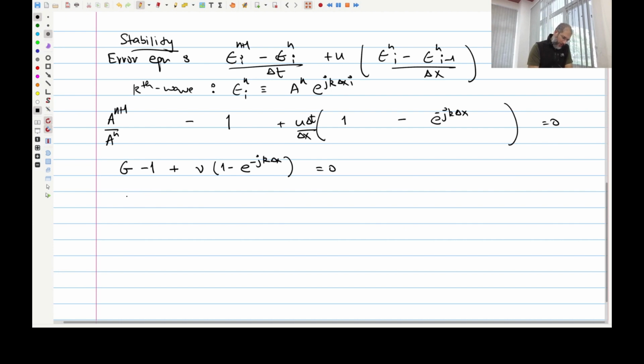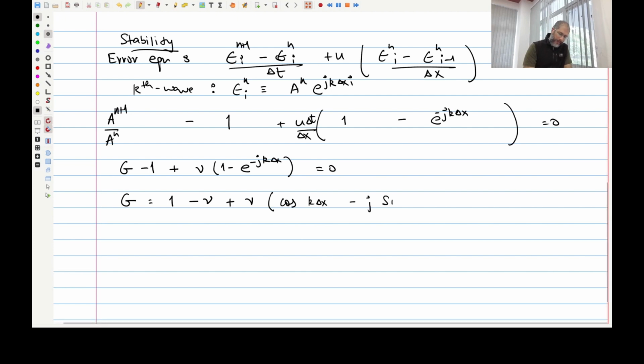Right, so what does g become? g is 1 minus nu plus nu times e to the power of minus jk delta x. And for e to the power of minus jk delta x, we can apply Euler's formula. So we can write this as cos of minus k delta x, but cos of a negative argument is the same as cos of the argument, so cos of k delta x, minus j times sine of k delta x.